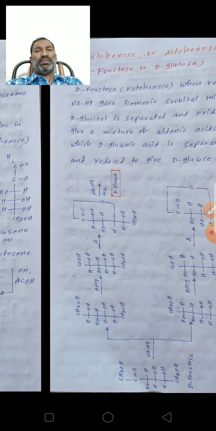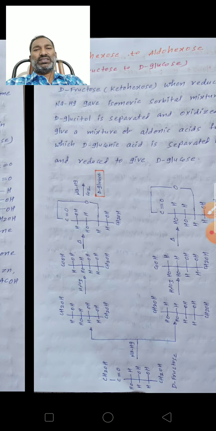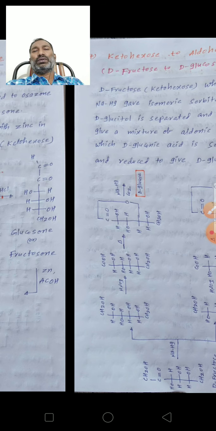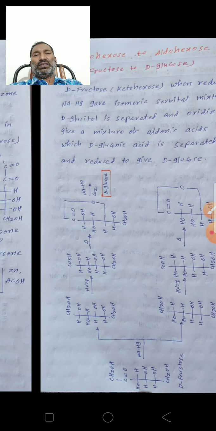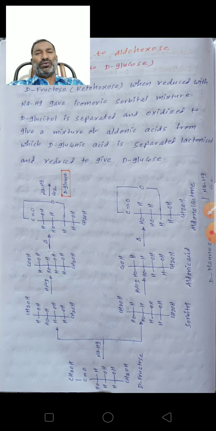An example for ketohexose is D-fructose and an example for aldohexose is D-glucose. So here is the conversion of D-fructose to D-glucose. Take D-fructose, the example for ketohexose.